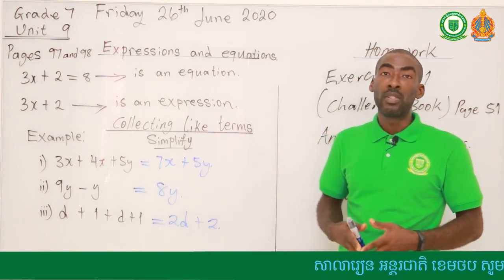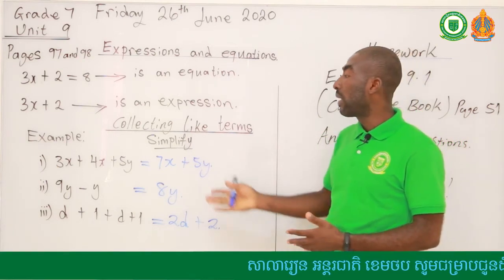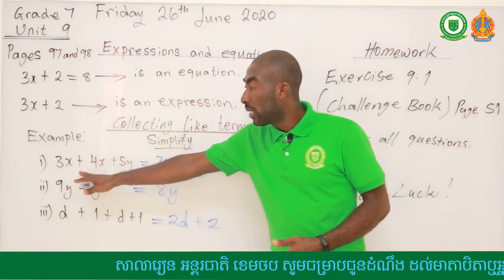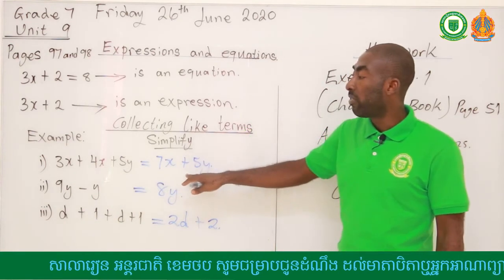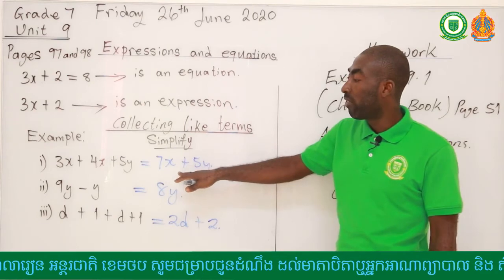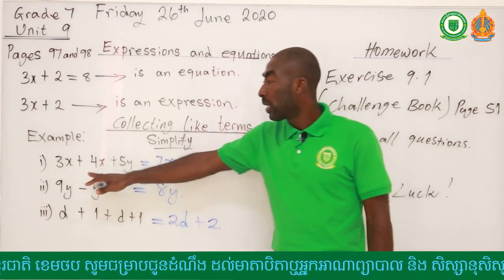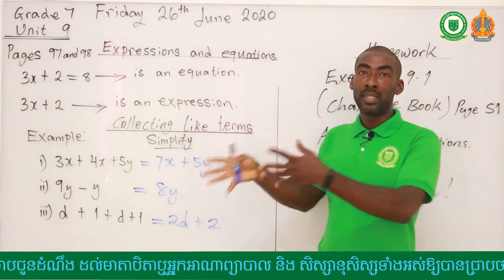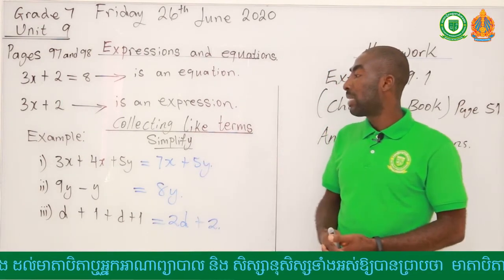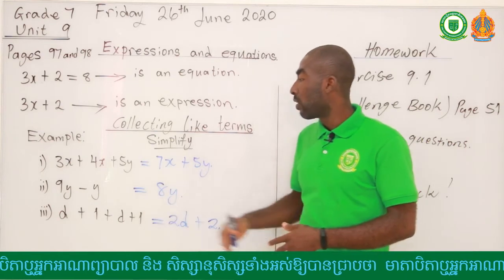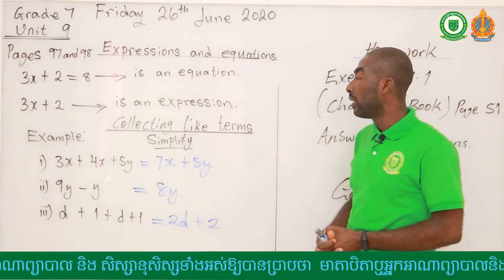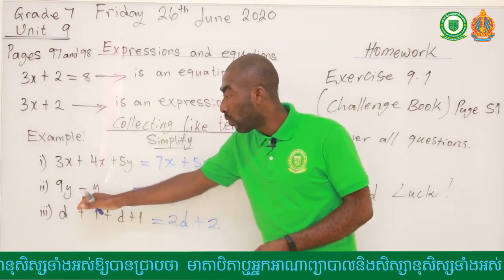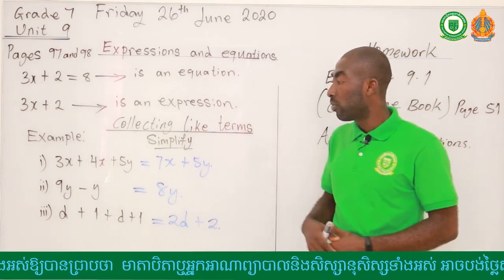Currently, what you have on the board shows how these expressions were put into this simplified form. We always have to group the like terms, and like means the same. Those that are not the same, we put in a different part. So like this, we have the y, so we can easily put them together.